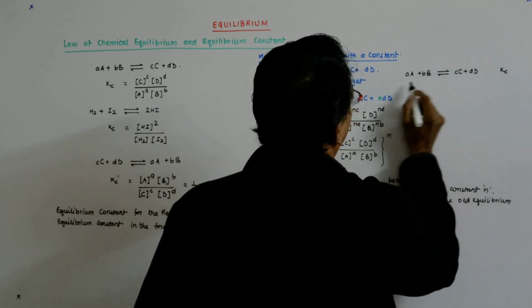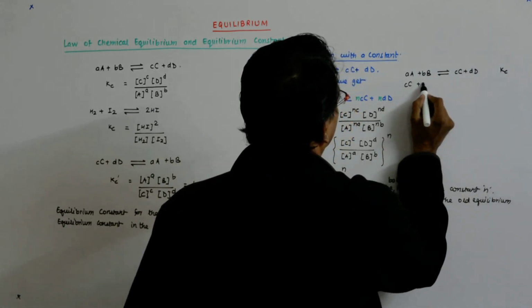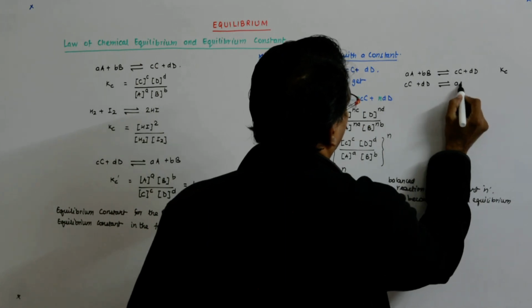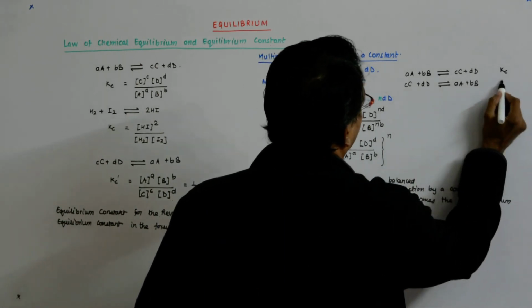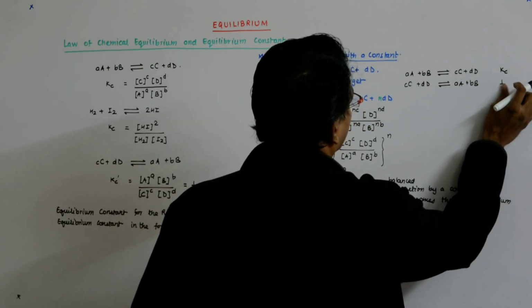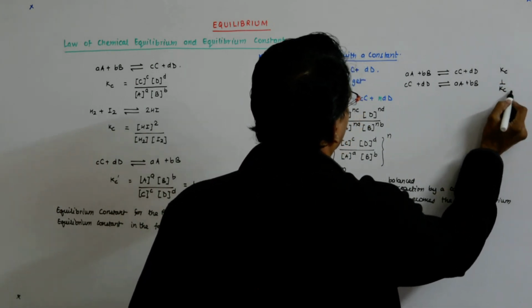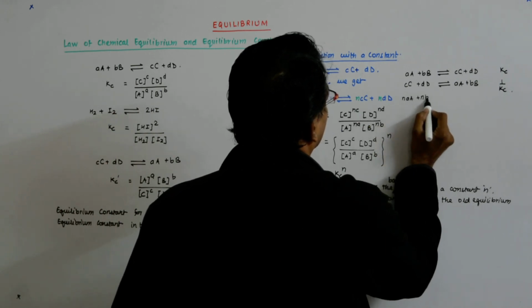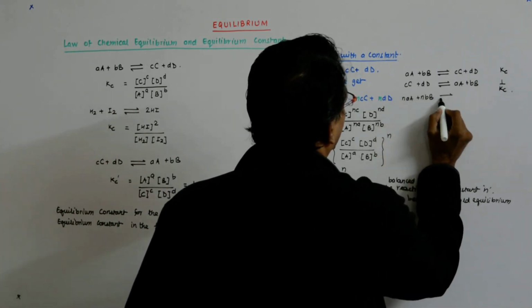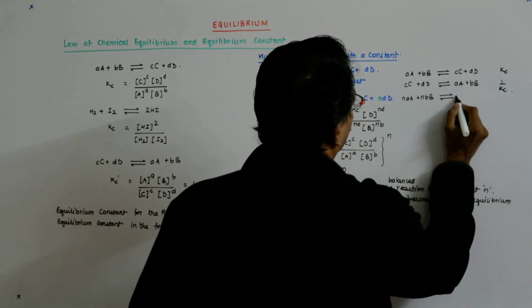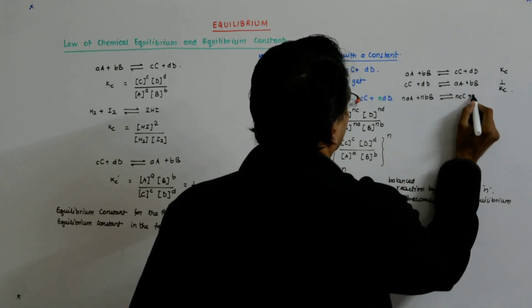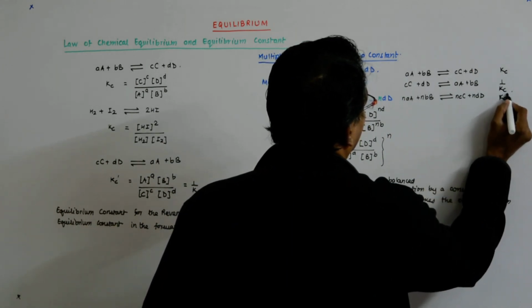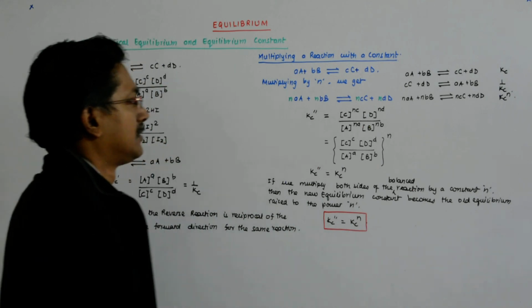So this is Kc, this is 1 upon Kc, and this is Kc to the power n.